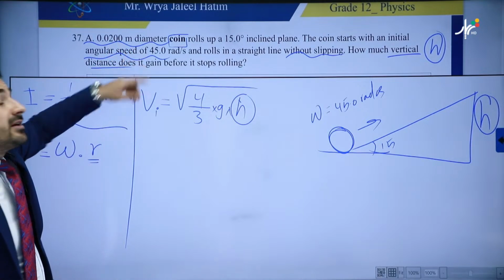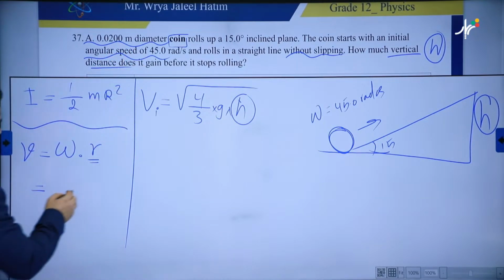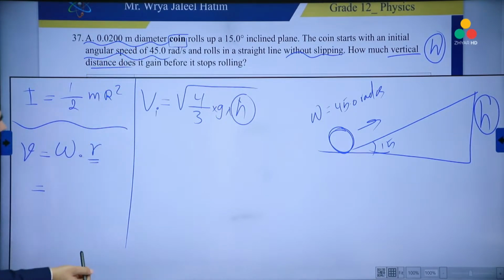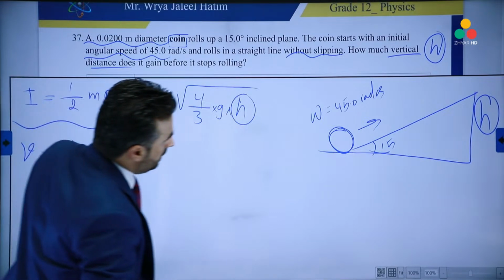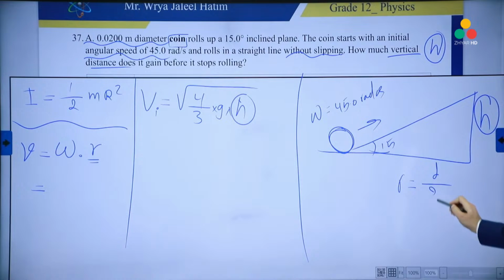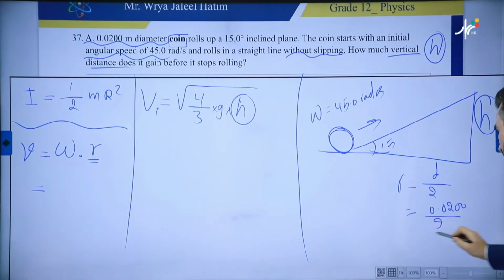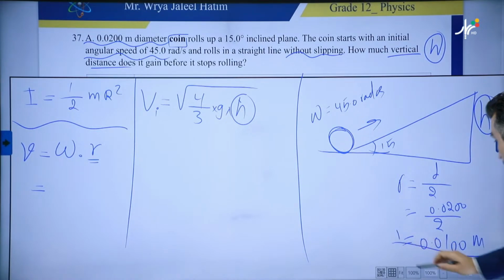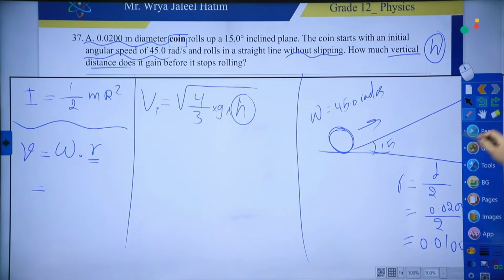No, we have the diameter. So the radius equals the diameter divided by 2. In this case, we have 0.0200 divided by 2, which gives 0.0100 meter.